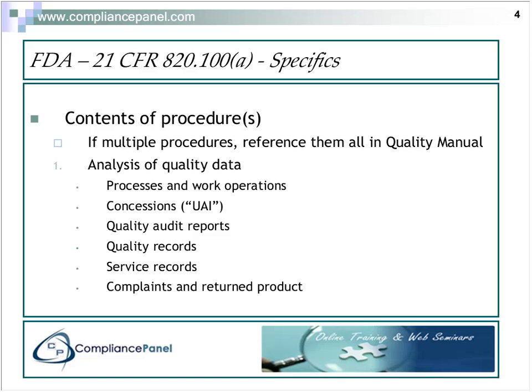This customer has a need that needs to be met and needs to be shipped today. This piece comes in and it's off color. You're going to make a concession to use that non-conforming product. Concessions are an area that need to be trended from a corrective action perspective. Quality audit reports, both singularly and trend-wise.